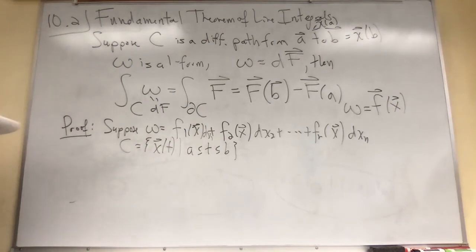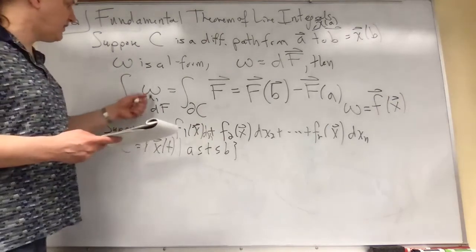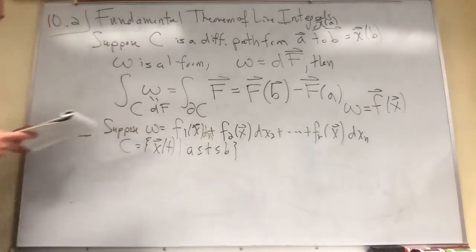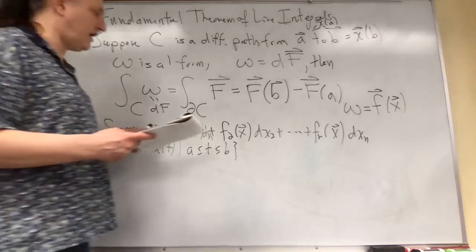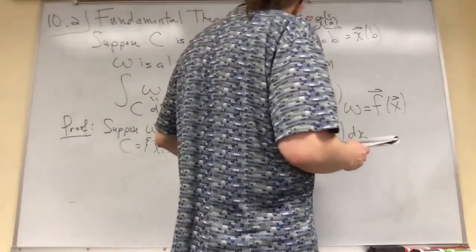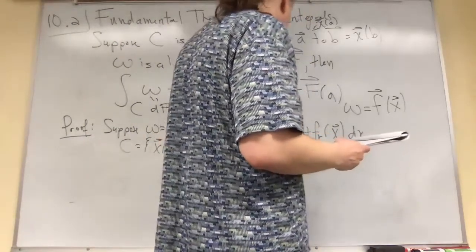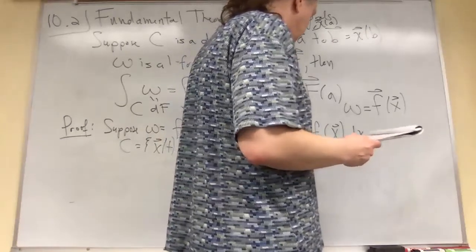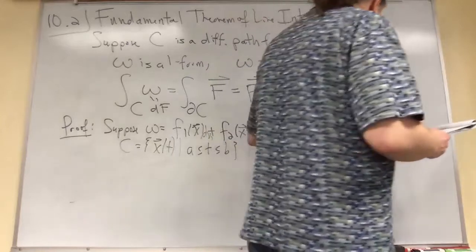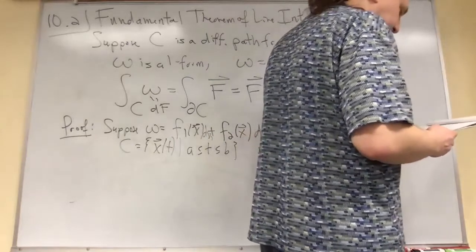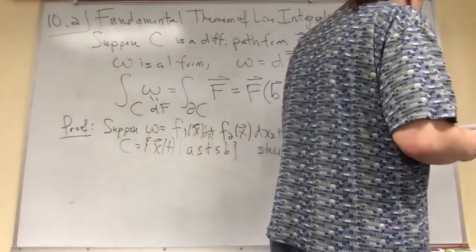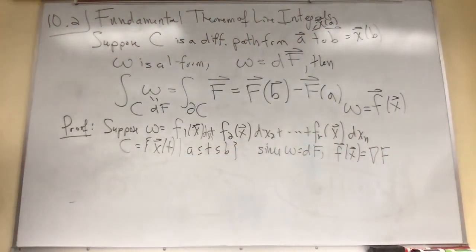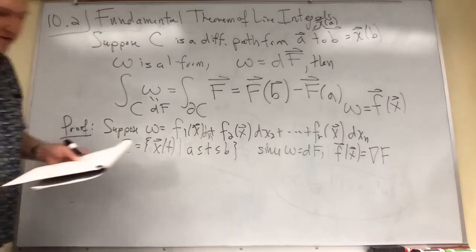All right, and we are given that omega is the derivative of some zero form or some function. Another way to say that is that since omega is the derivative of that, this vector field is the gradient of some function. This is wrong.